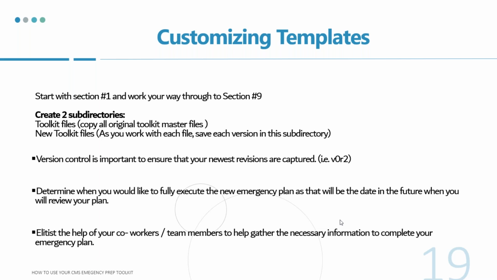It's about taking the information that is site specific to you and incorporating it into each template. I'd say start with section 1 and work your way to section 9. It's easy to go all over the place, but if you start at the beginning and end at the end, that's the most effective way to use the toolkit.